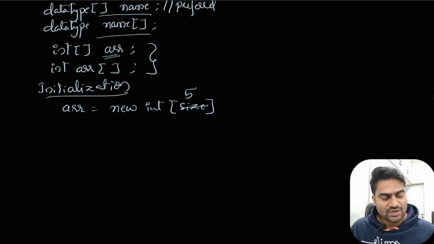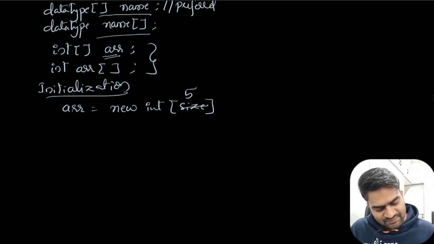Here, Java will interpret it as an array of integers with 5 values, or size 5. There are some more ways. If I already know the elements that I'm going to store in the array, then I don't need to specify the size.